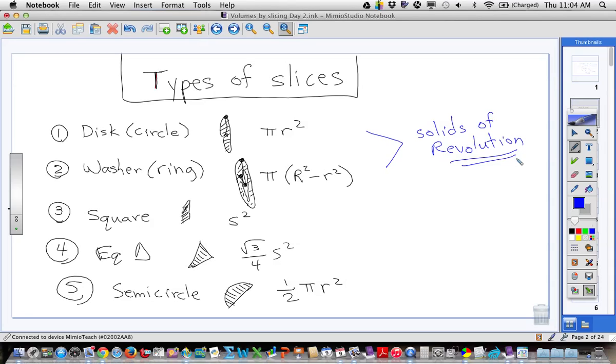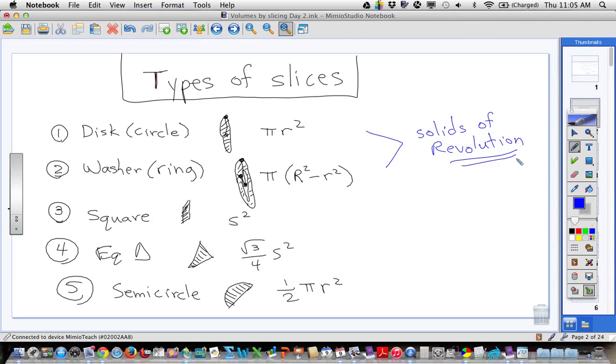So anytime you're revolving a solid, the slices are either going to be solid discs or rings that have empty space. One of those two.